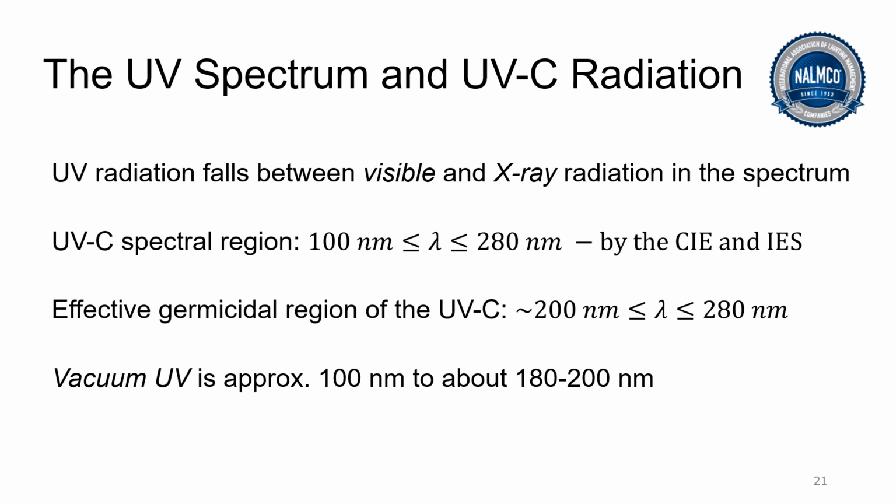The only really effective germicidal region of the spectrum is UVC. The key takeaway here is that the UVC is roughly from about 100 nanometers at the edge of the vacuum UV to 280 nanometers at the edge of the UVB.